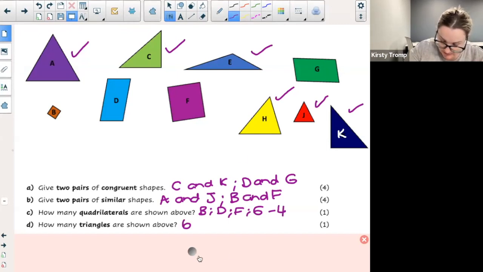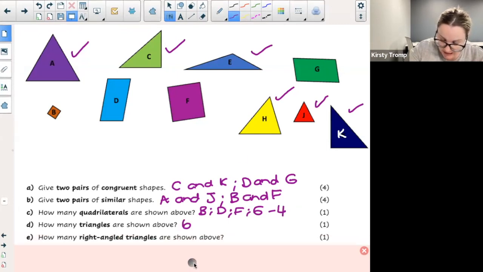All right. How many right angle triangles do we see above? How would we measure a right angle triangle? What maths tool should we use to measure a right angle triangle, guys? Measure with a protractor. Well done. And there are definitely 2 right angle triangles.